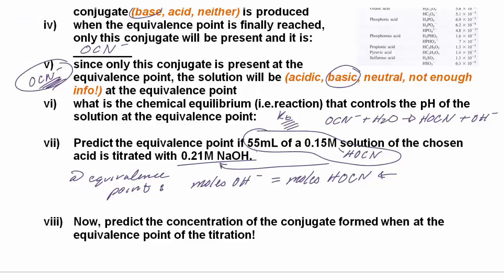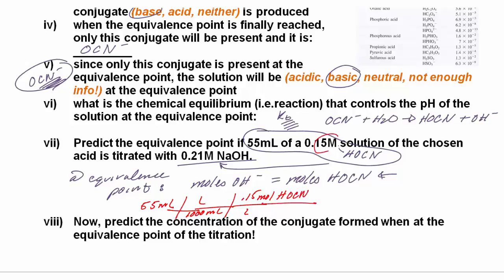Well, I'd say you just start with something like 55 mL of this. You got to get it into liters. And let's get it into moles of HOCN. In a liter, we have 0.15 moles of cyanic acid.